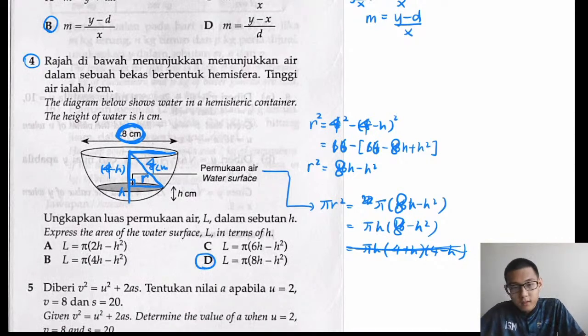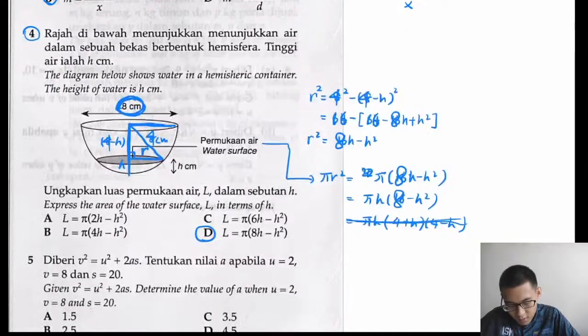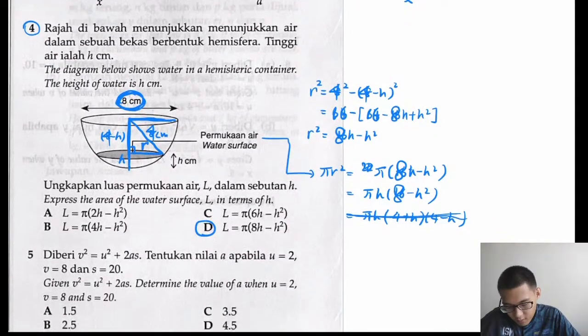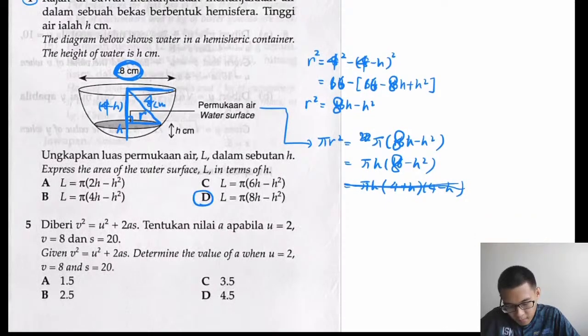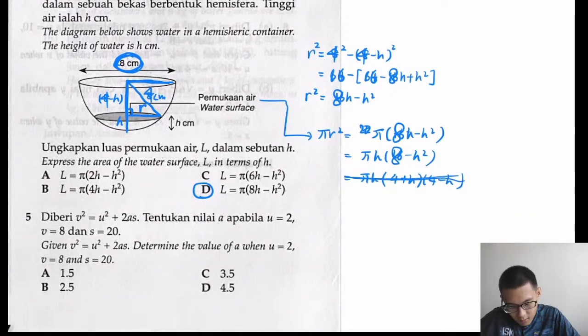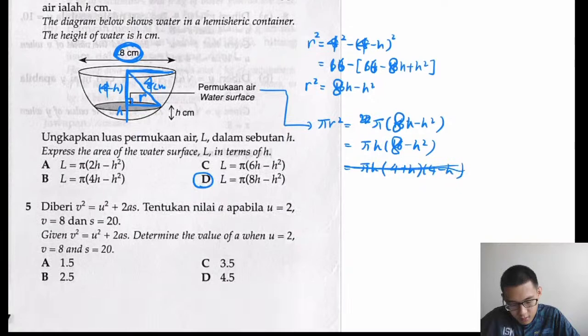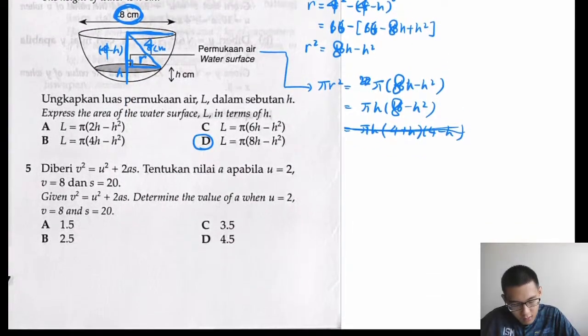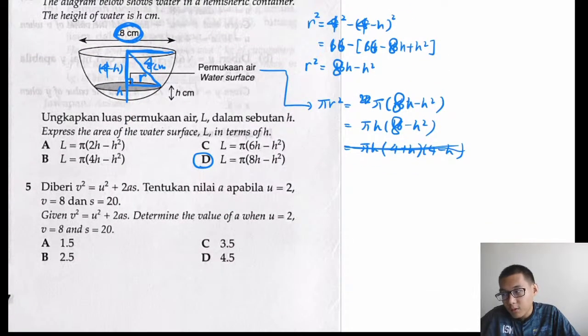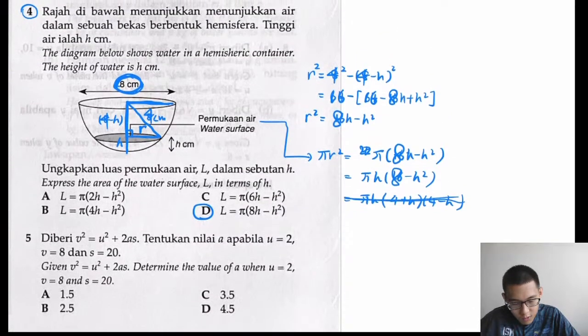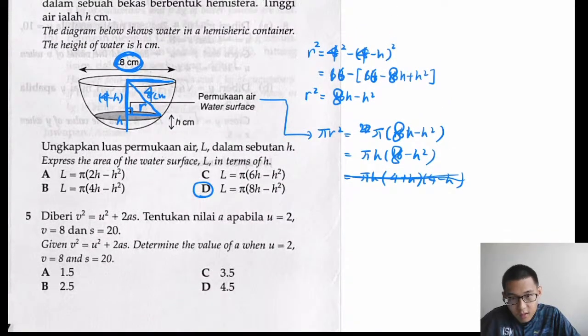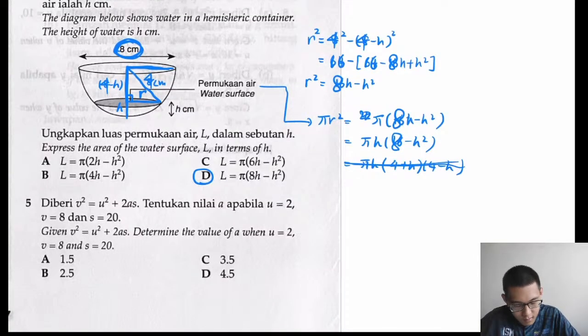Luckily, the answer given is 16h minus h squared. If not, I will be wrong already. So the answer is this. You can check whether the answer is correct or not. If incorrect, later I will explain. I will do a correction in the description or the next lesson, next video.